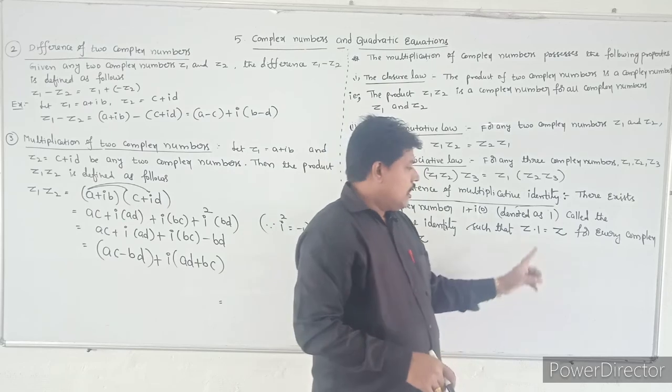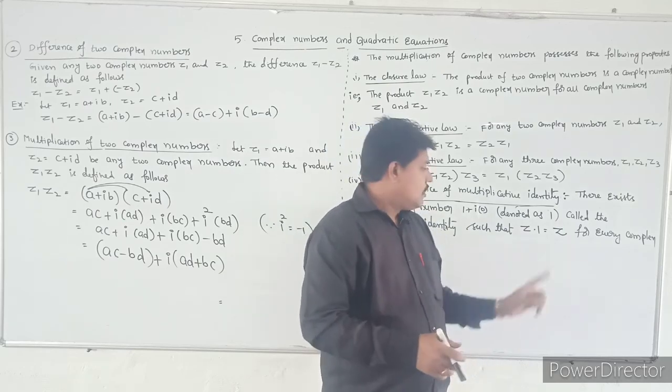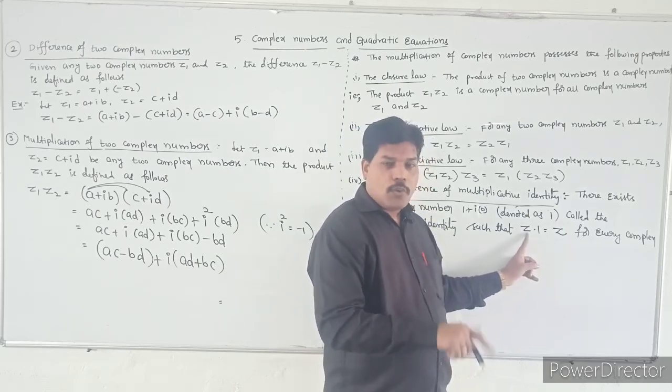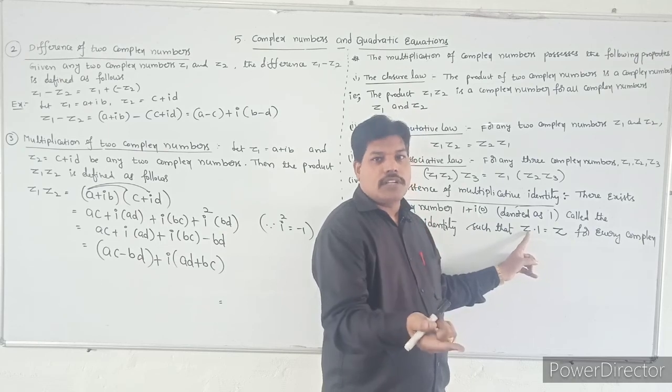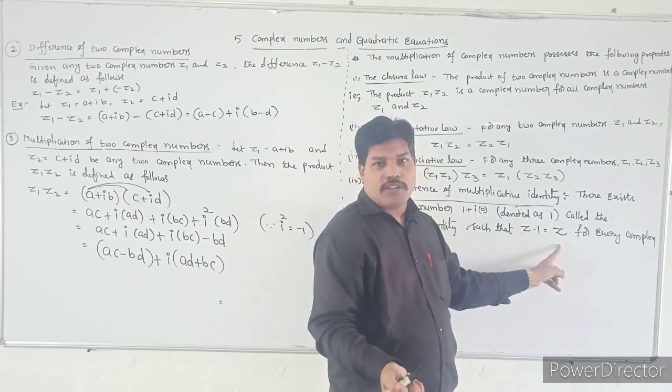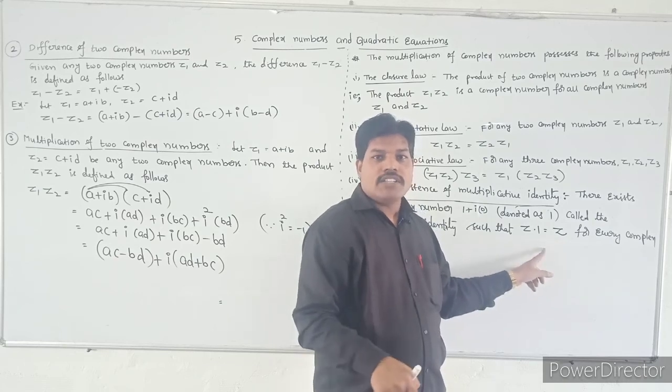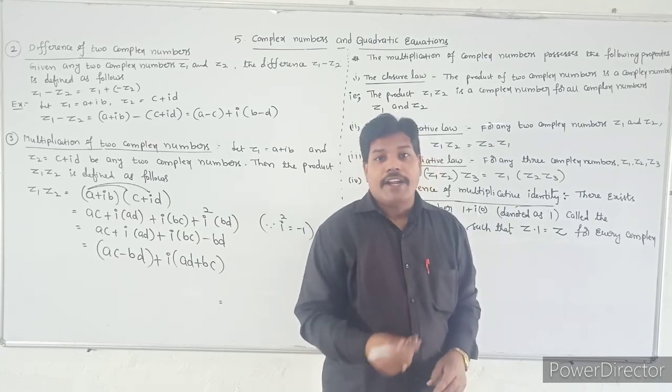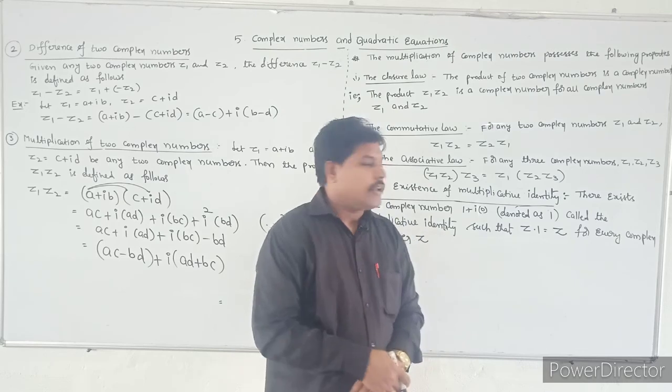Here, Z is the given complex number, and we have taken another complex number, that is 1. If you multiply 1 with Z, you get the same complex number. That is called the identity in the multiplication.